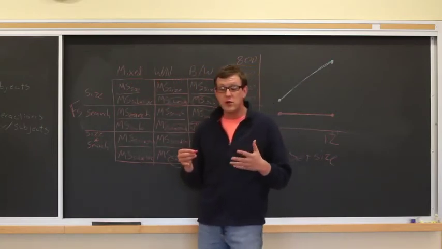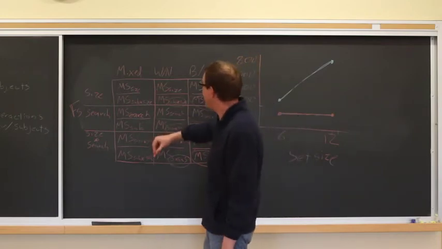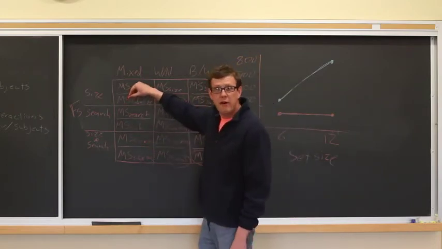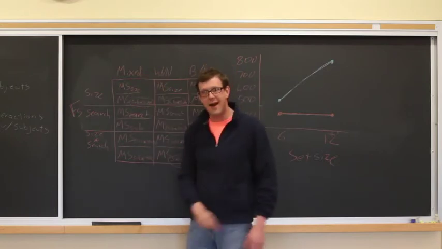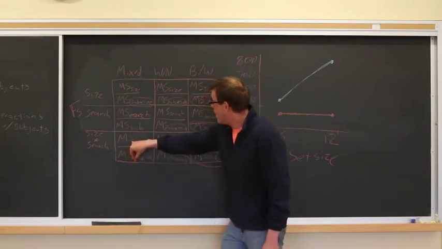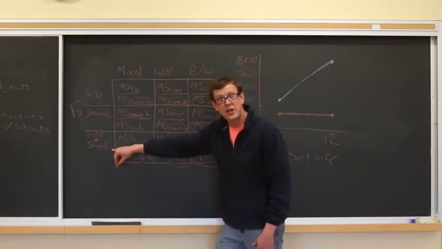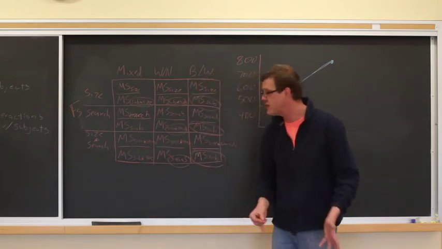For the mixed designs, we are going to use some of the error terms for multiple tests. So size varied within subjects, so we can use the subject by size interaction for that error term. We have the size by search interaction, which includes the size variable that varies within participants.